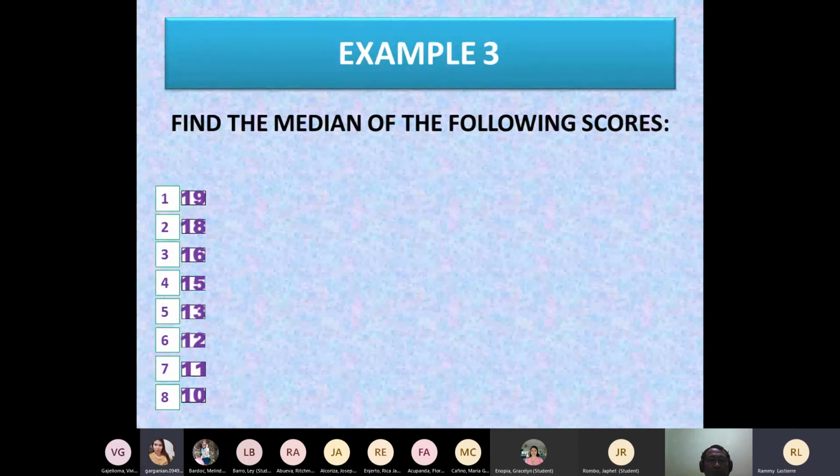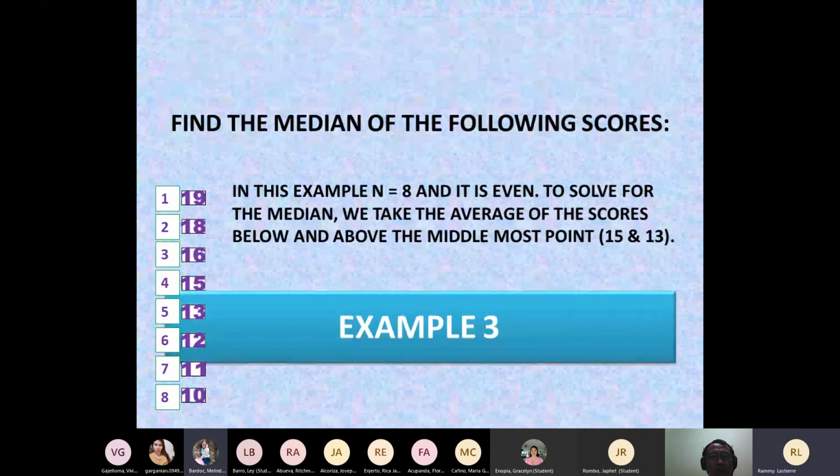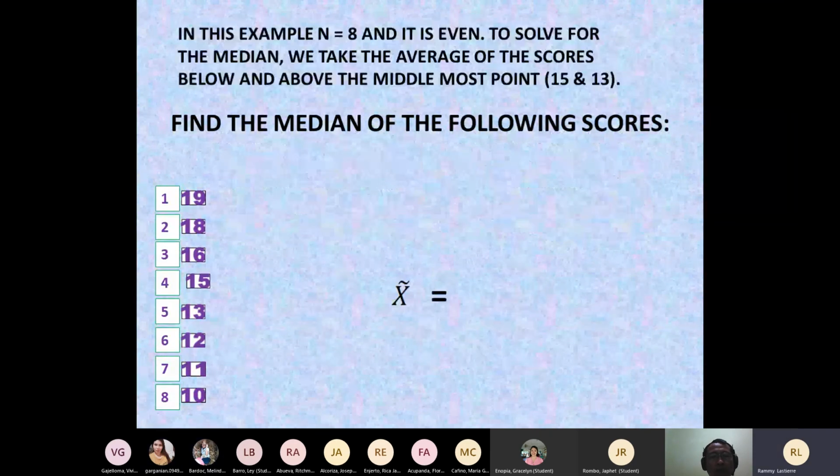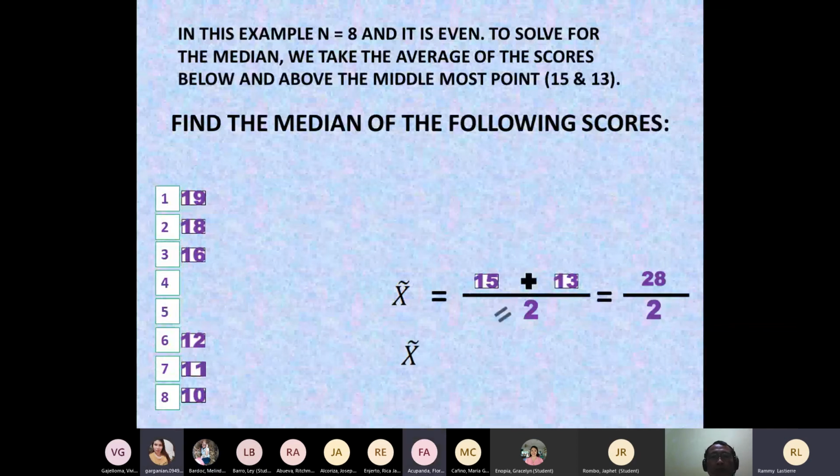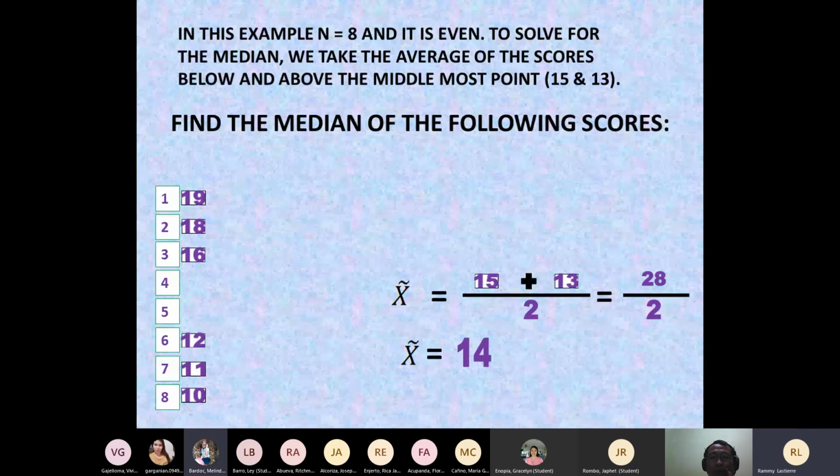So from those 2 middle items, find the middlemost. 14 and 15. 28 divided by 2 is 14. So what we're going to do is, since there are 2, you add them and then divide by 2. We have the result 14. That is correct. Wow, very good.